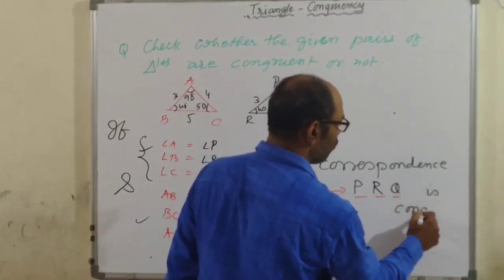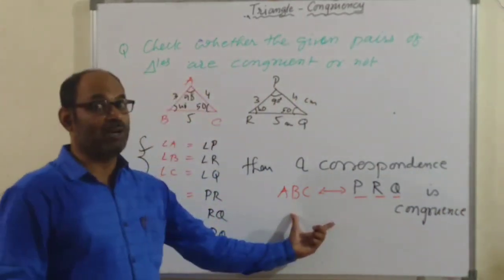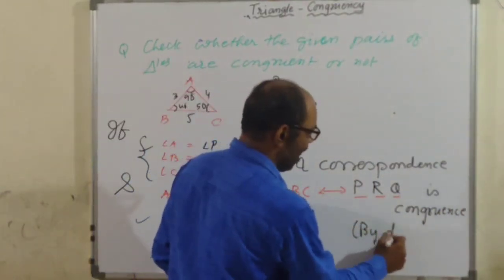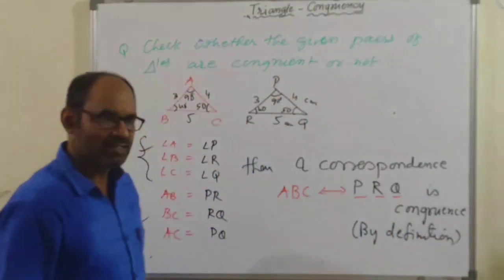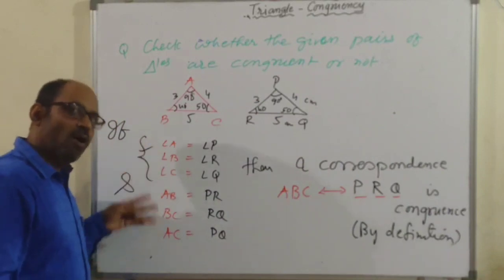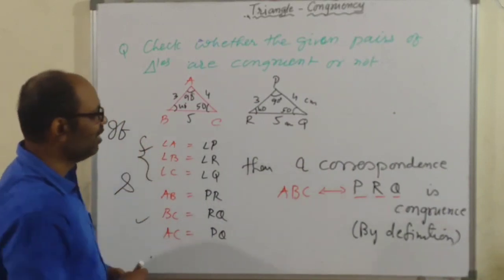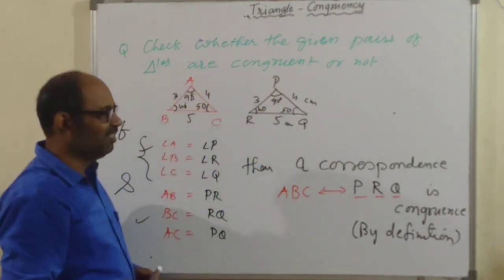Is congruence. Why this correspondence is congruence? By definition of congruent triangles, because all corresponding angles and all three corresponding sides are equal. Children, if I try to put this here, will it coincide?